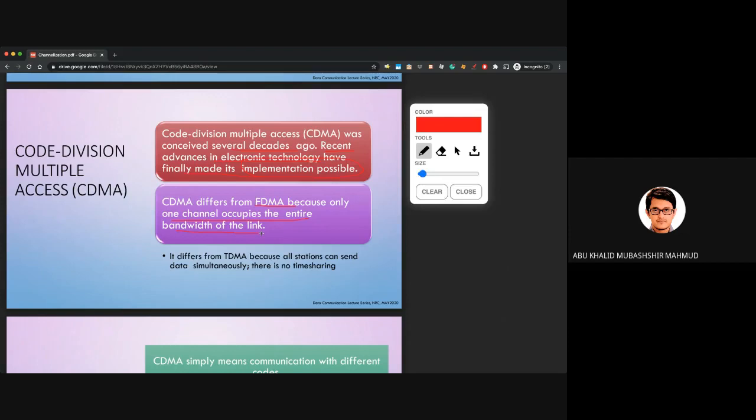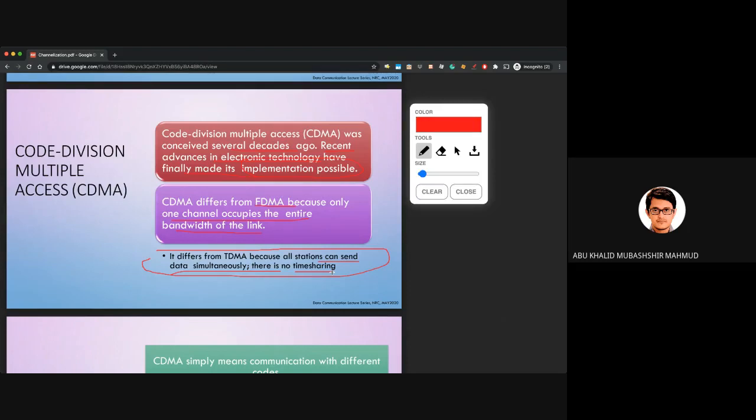This is the total difference from the FDMA. And in TDMA, because all stations can send data simultaneously, there is no time sharing.